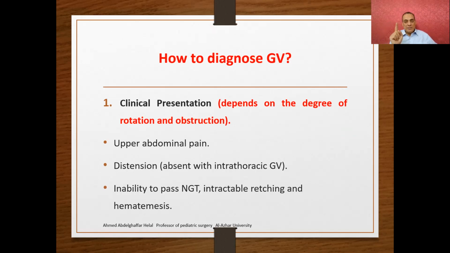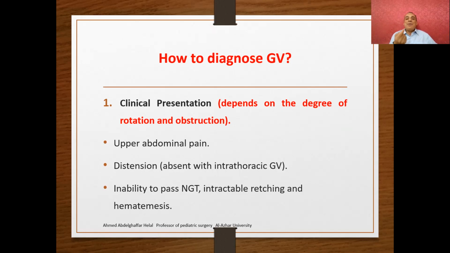However, take care that if the stomach is intrathoracic, in some cases of diaphragmatic defect or paraesophageal hernia, and torsion or gastric volvulus occurs in the thorax, there will be no upper abdominal distension. Absence of distension if there is intrathoracic gastric volvulus.